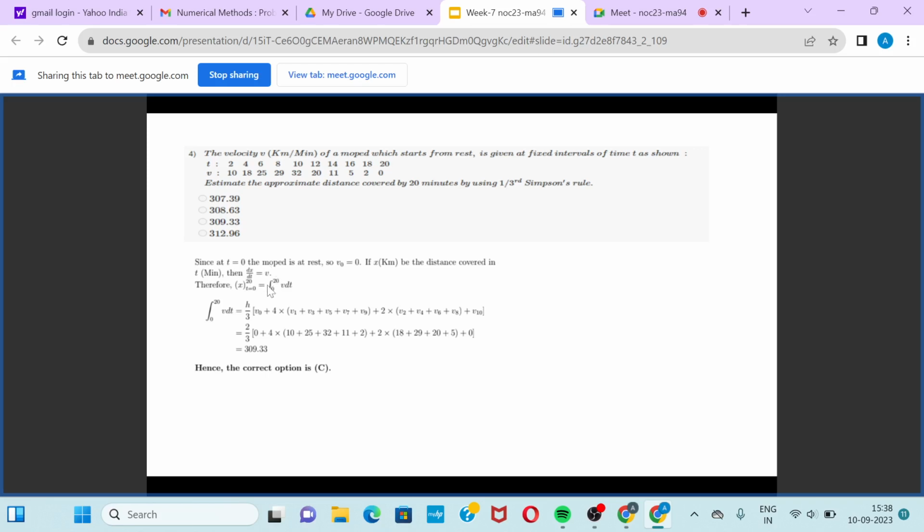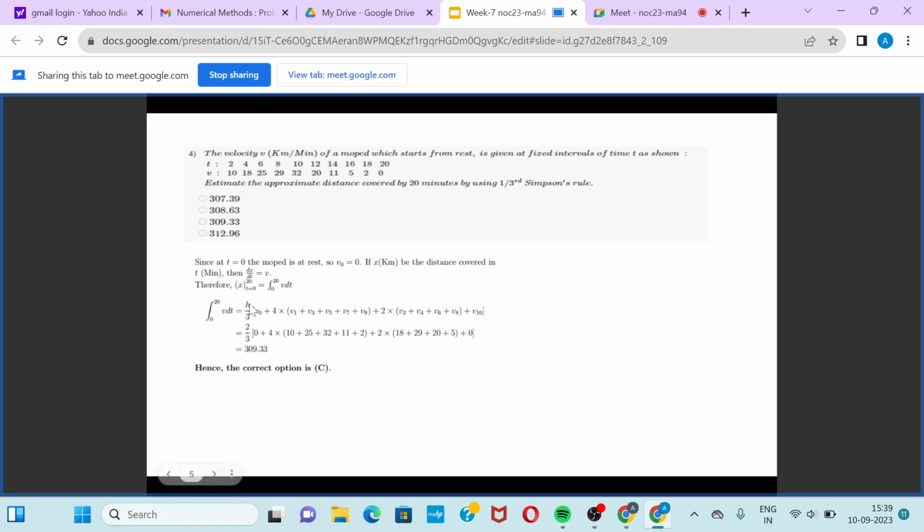When you integrate it, x starting from t equals 0 will be equal to the integral from 0 to 20 of v dt. So in short, to calculate the distance till 20 minutes, you have to calculate this integral from 0 to 20 of v dt. As here it is v, we use 1/3 Simpson's rule.